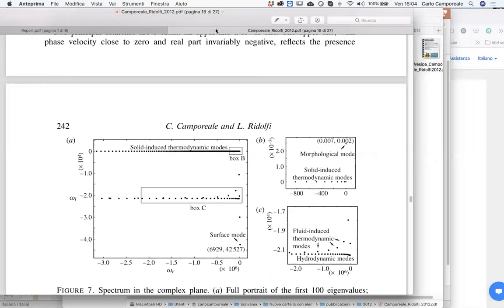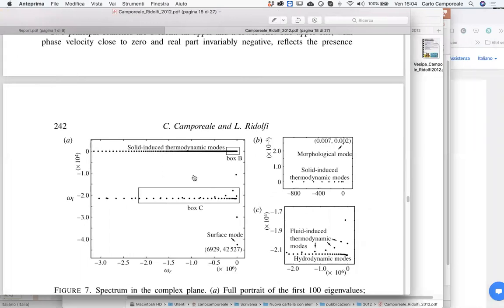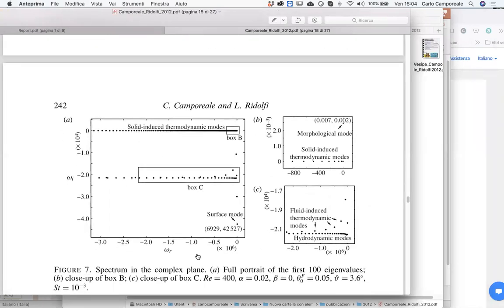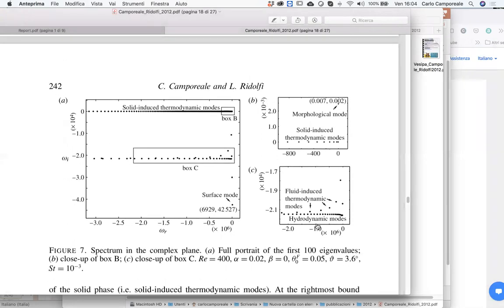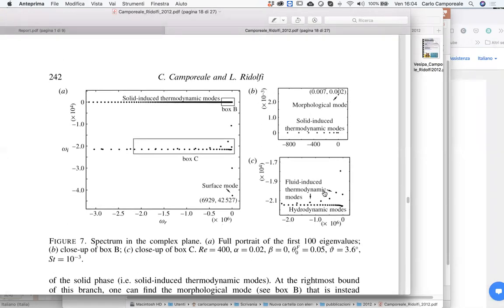Okay, here you can see the spectrum. So omega r, omega i. You see all the modes. You see also solid-induced thermodynamic modes, and in box C, that is this one, the fluid-induced thermodynamic modes, this one, and also the hydrodynamic modes, this one.